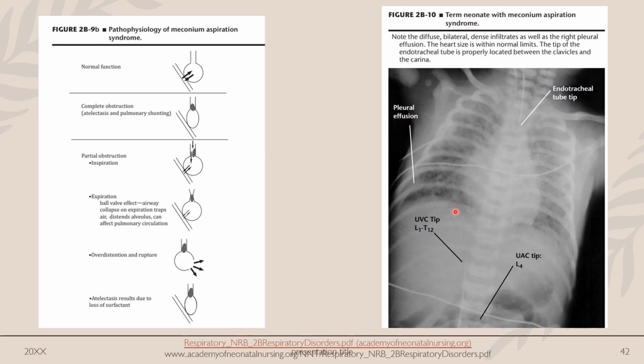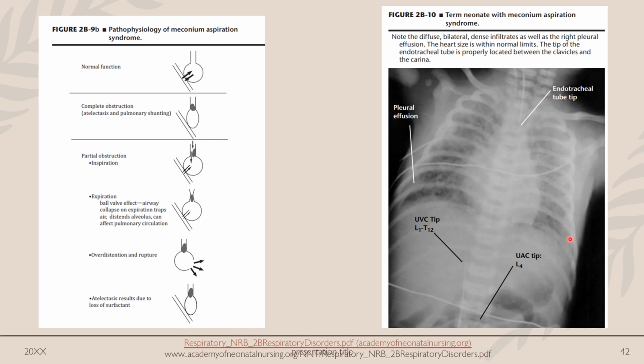Other things that you can look at on the chest X-ray that we haven't talked about yet is heart size. So if a heart size looks small, it can mean maybe dehydration, or if the lungs are overinflated and pressing on the heart, it can make it look a little bit smaller.